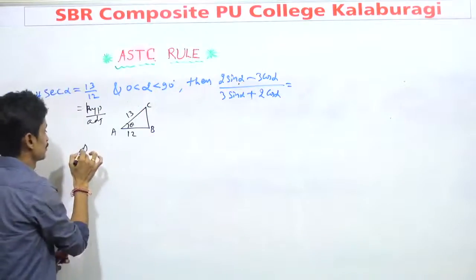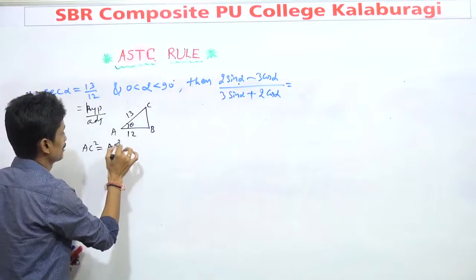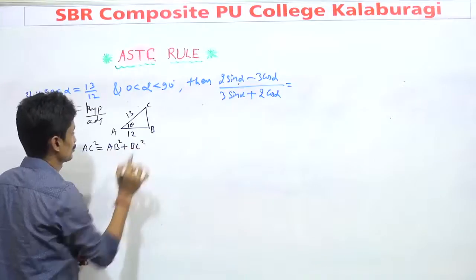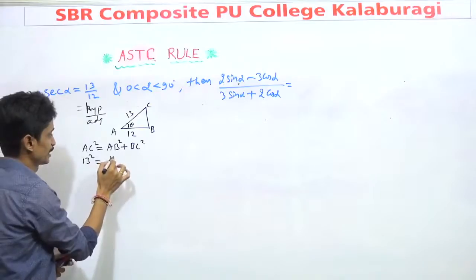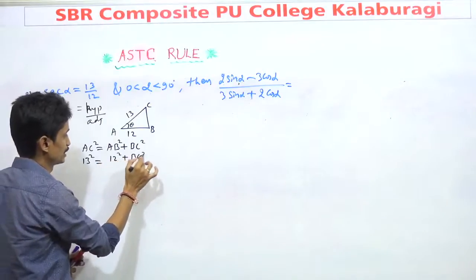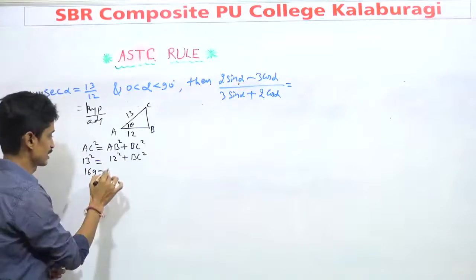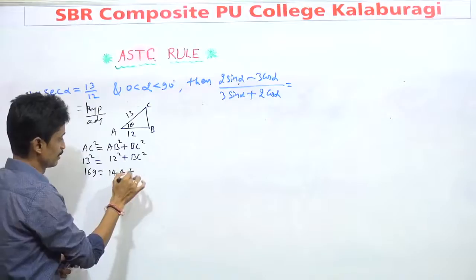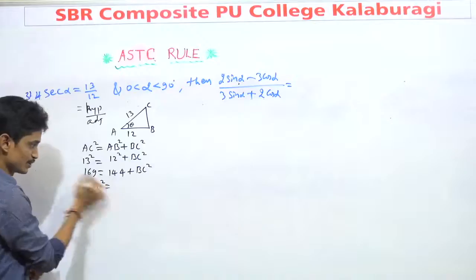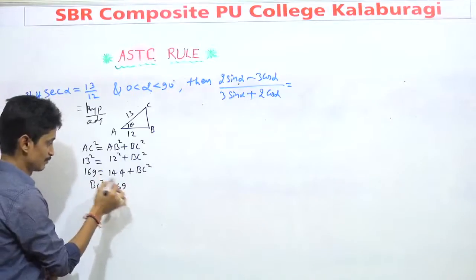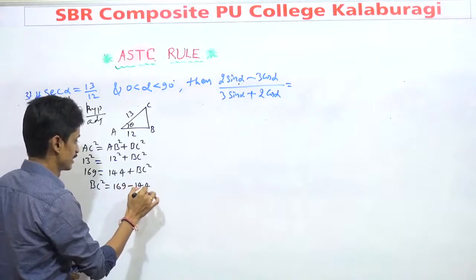That is, square of hypotenuse: AC square equals AB square plus BC square. AC square, clearly they gave 13 square. AB square is 12 square. We don't know BC square. 13 square is 169. This is 144 plus BC square. So BC square keep as it, shift 144 to the left side, it will be a negative sign, 144.